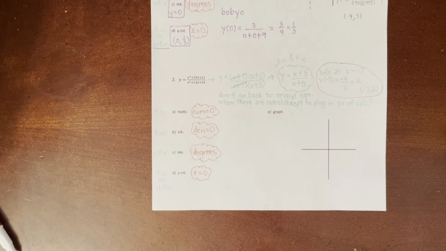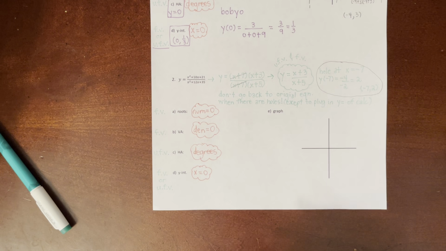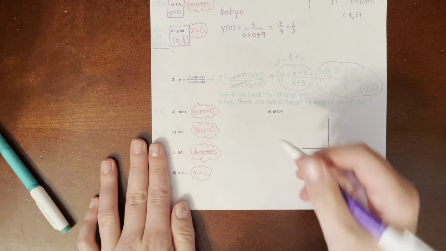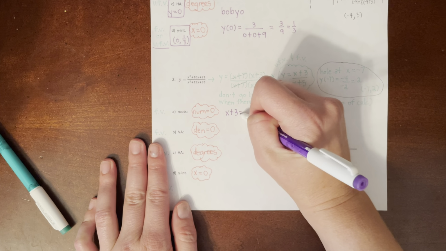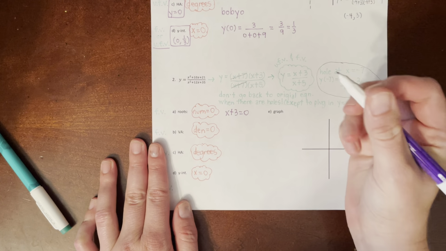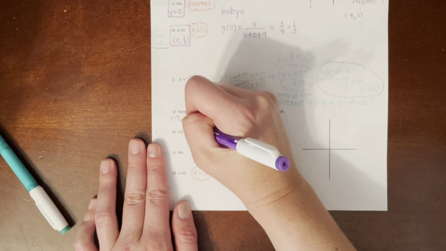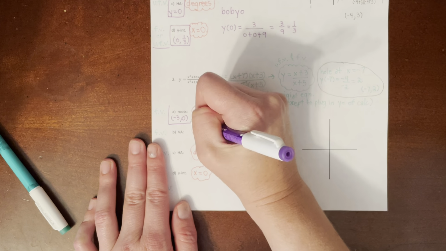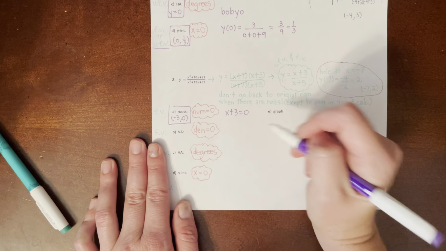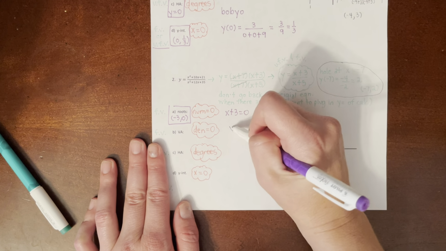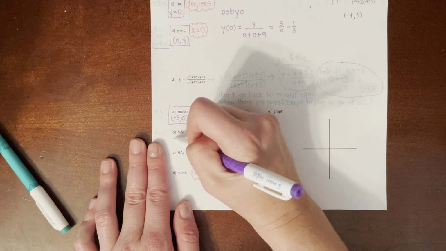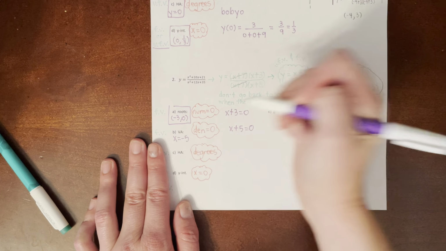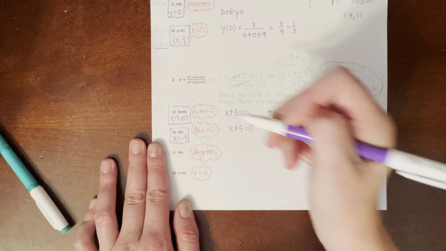Remember, we don't go back to the original, we're only going to this one. Numerator equal to 0: x plus 3 equals 0. We would get x equals -3, but it's a root, an x-intercept, so write it as an ordered pair. Denominator equal to 0: x plus 5 equals 0, so x equals -5.